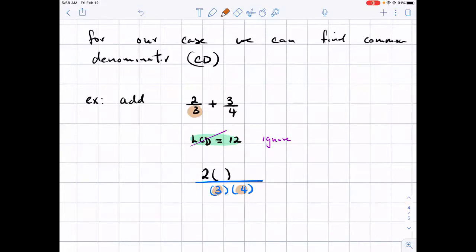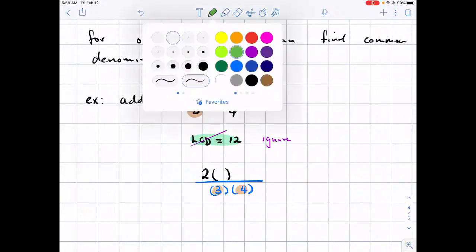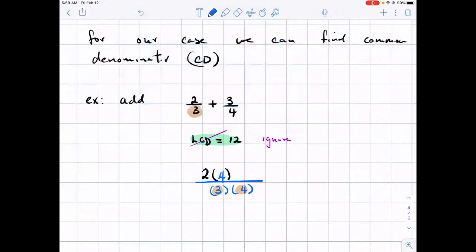So you have an additional number 4 in the bottom, so you will have to multiply the top by 4.